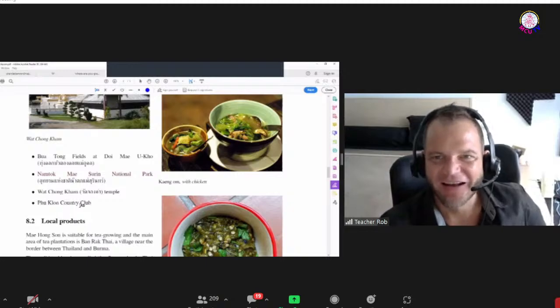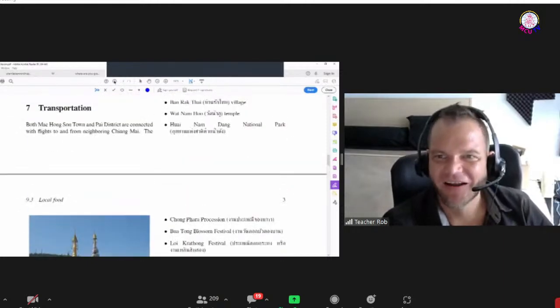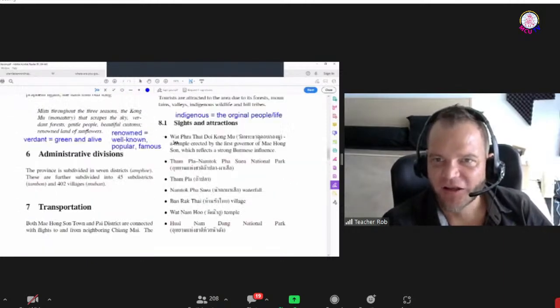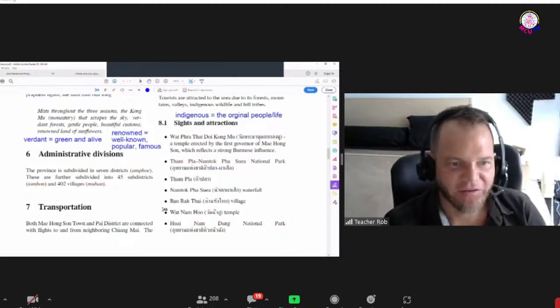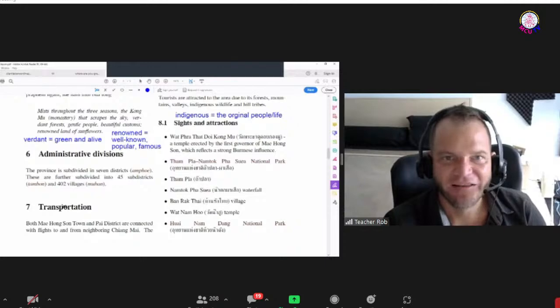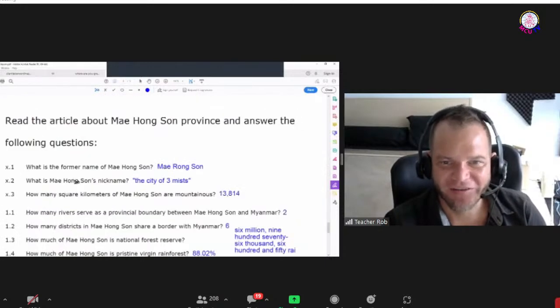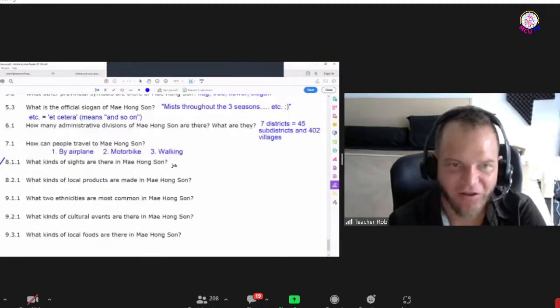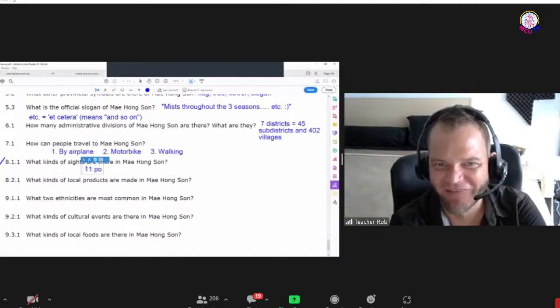So yeah, I can't cut and paste all of these. So maybe we can just see common ones, 1, 2, 3, 4, 5, 6, 7, and then they list 8, 9, 10, 11. So maybe we'll just answer this like this. It says, what kinds of sites are there? I could say like 11 popular attractions, according to this article.